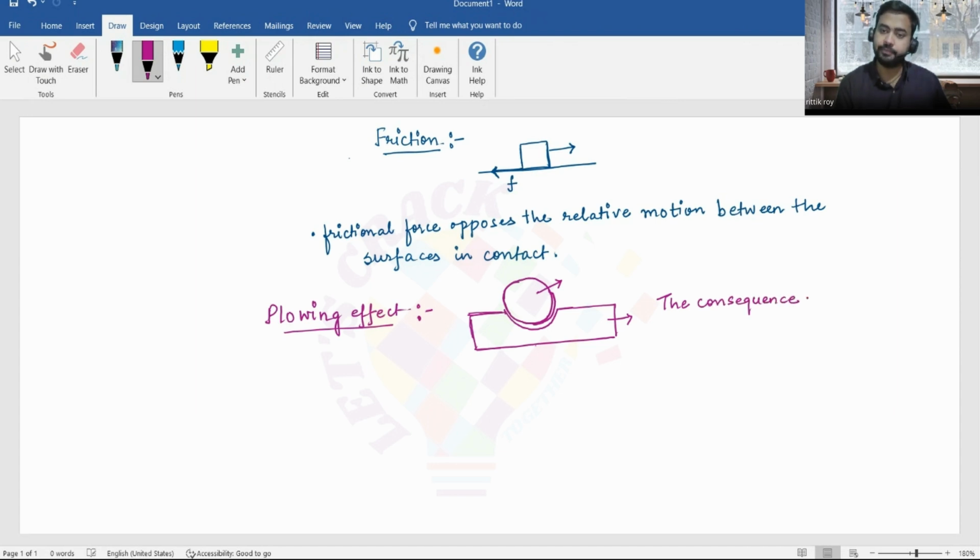The consequence of the sinking of a surface into another is known as the ploughing effect.